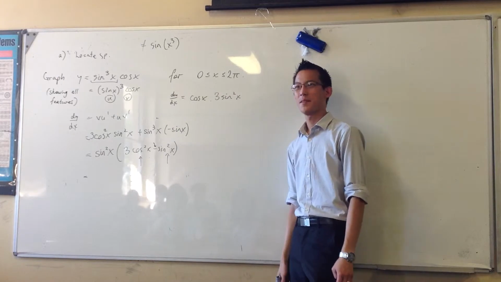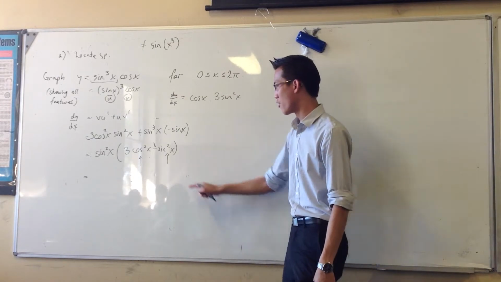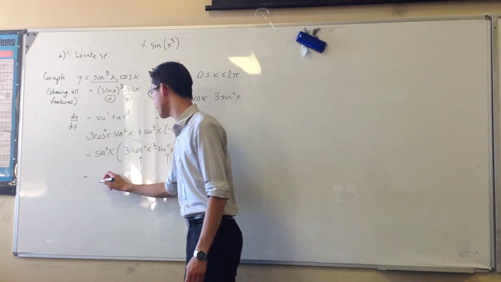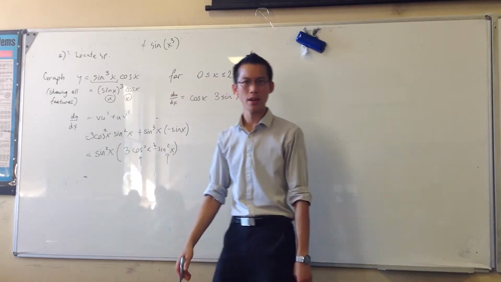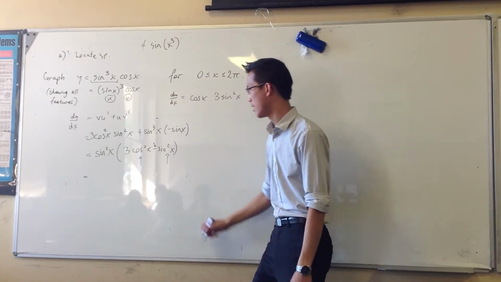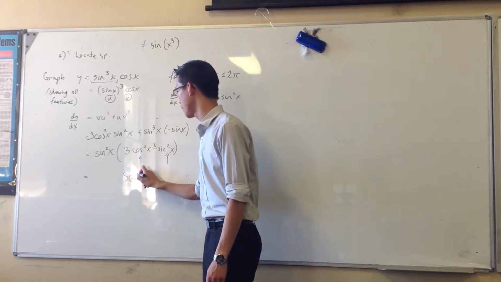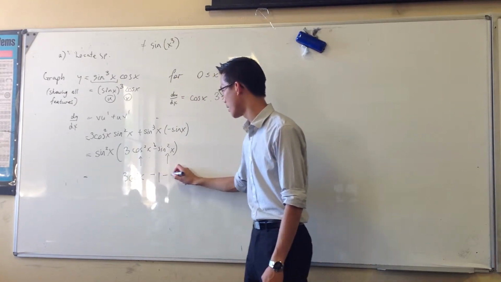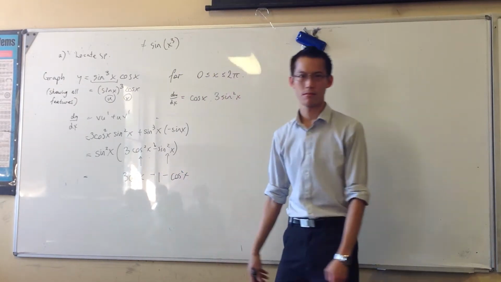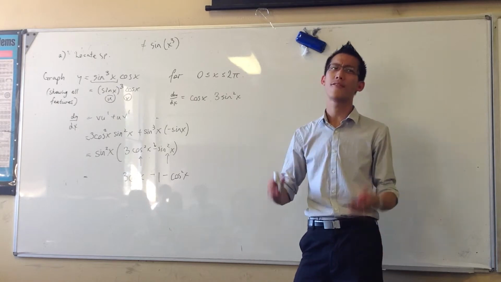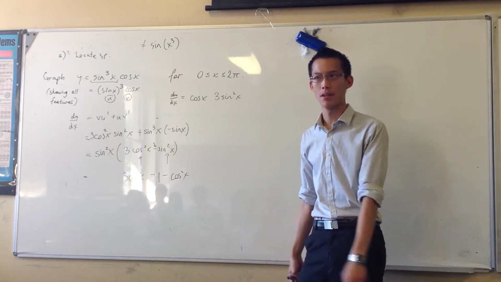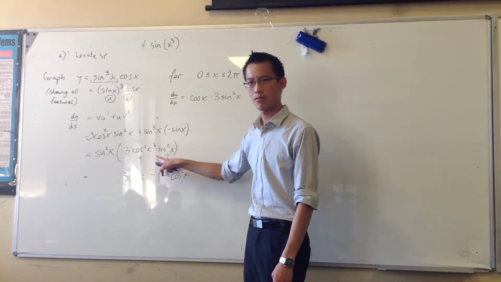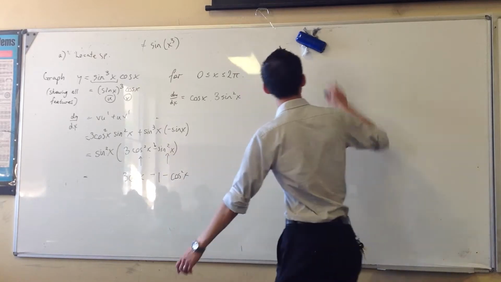The number of people I've seen, if they were getting rid of sine squared and subbing in 1 minus cos squared, they'll write 3 cos squared, and then they'll write minus 1 minus cos squared. So they miss the double negative, and it's a very easy error to not pick up. So I just try and avoid double negatives. That's why I'm going to get rid of it.